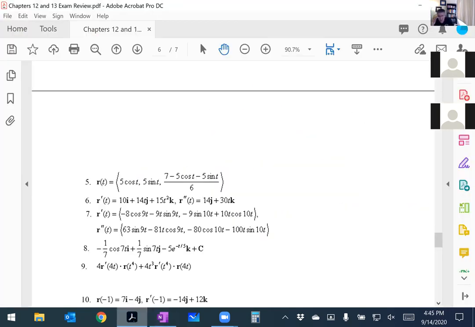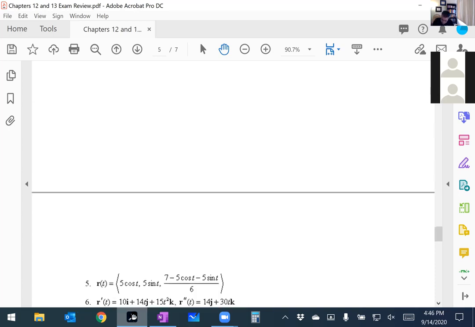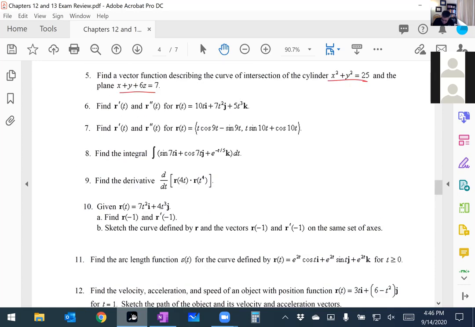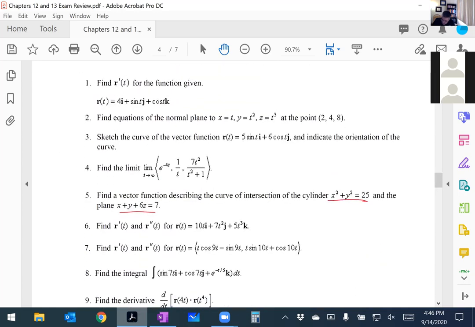Okay, others that you'd like to see done? Can you go over number 4? 4 on, yes, on 13. Okay, find the limit of this thing as t goes to infinity. Well, I think we're just taking limits, right?